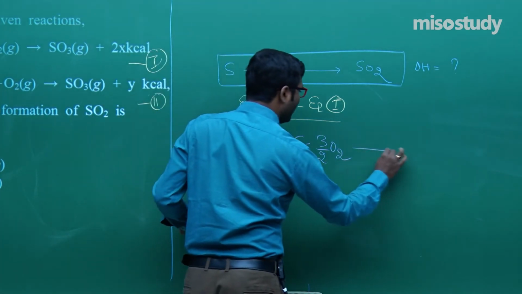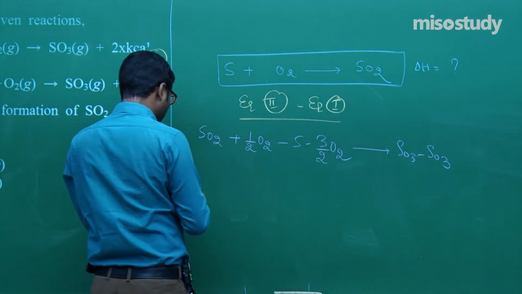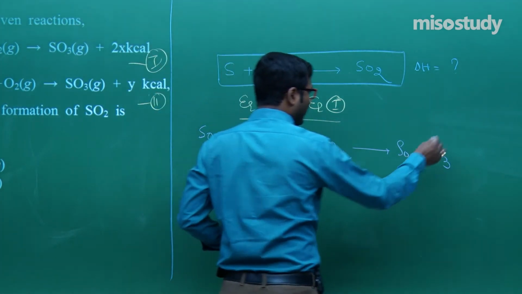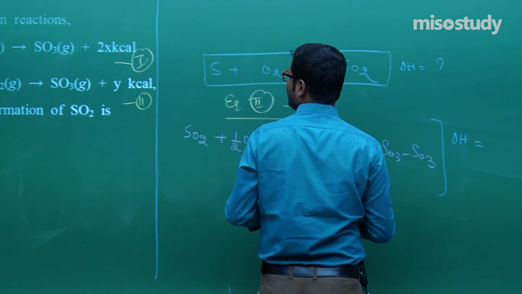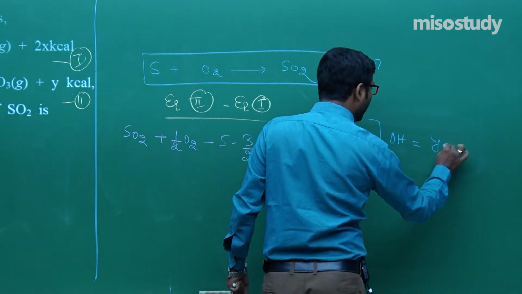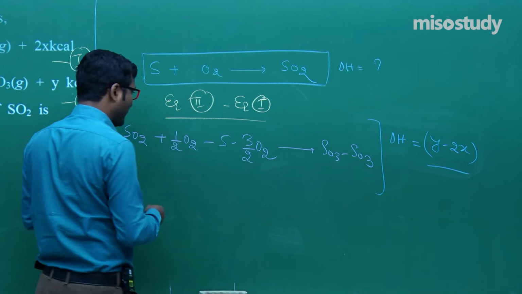It gives you SO3 minus SO3. Now delta H will be equal to 2 minus 1, that is y minus 2x, clear, friend?